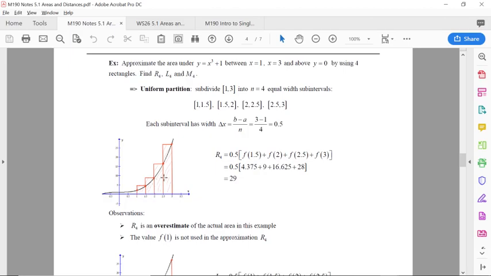Continue the process. x3 star is 2.5 right now. The y-coordinate here is f of x3 star, that's f of 2.5. So we put that height there. I factored out the 0.5 from here because it's going to be the same width for each one of these rectangles. It's constant, so I factored it out.